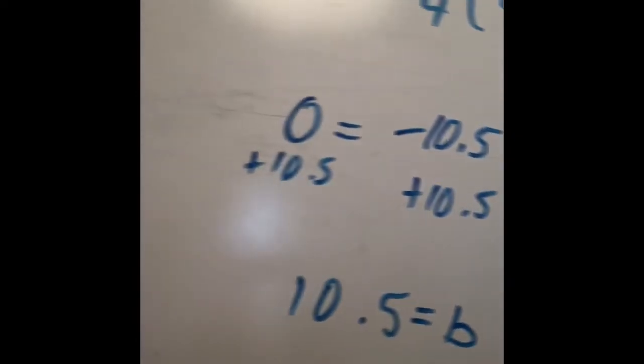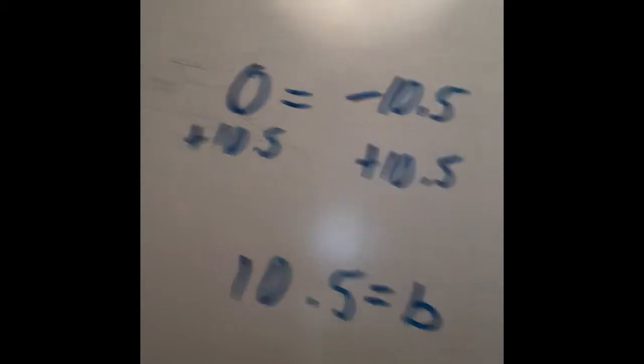So we isolated b and we got 10.5. So my new equation is y equals negative 7 over 4x plus 10.5.